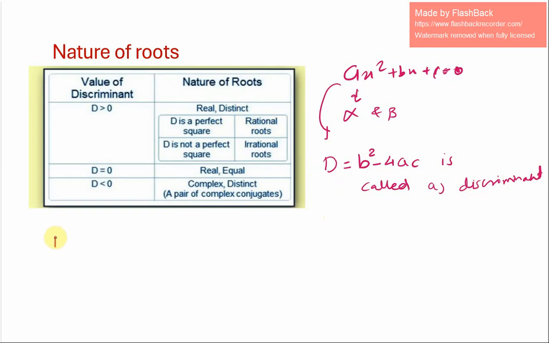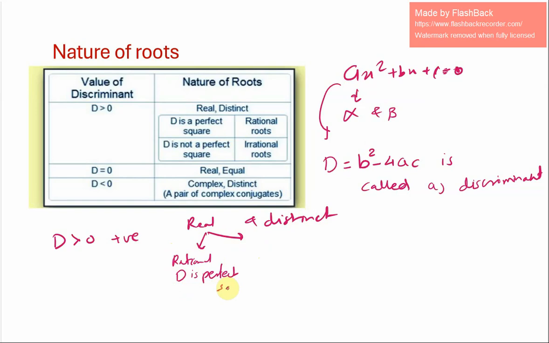So if we solve for the value of the discriminant and that value is greater than 0, meaning positive, then the roots are real and distinct. Again, if the value of D is a perfect square, meaning we can take the exact square root, then the roots will be rational. If D is not a perfect square, then the roots are irrational.